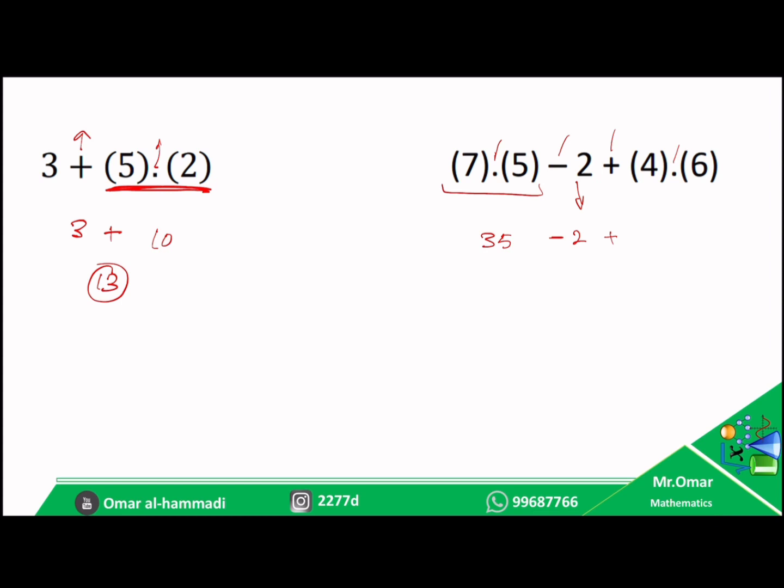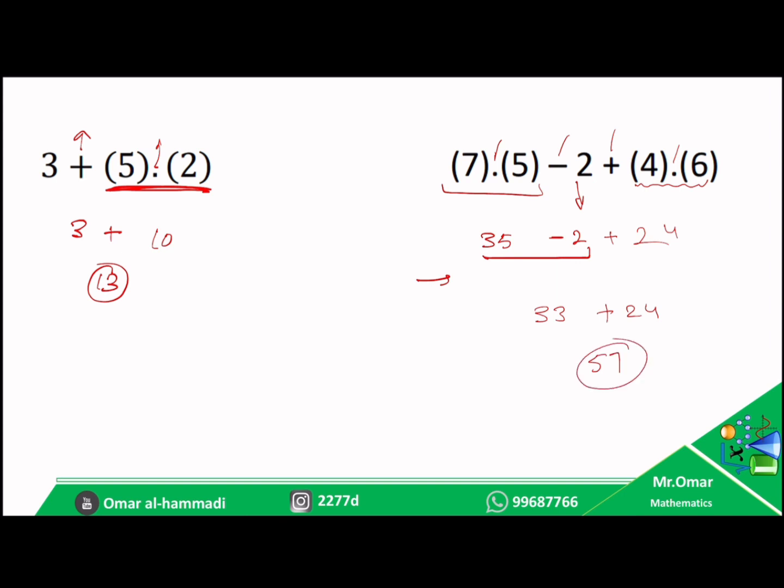And now we will start with this one. 4 multiplied by 6 gives us positive 24. And now we will go from left to right. 35 minus 2 will give us 33. And then plus 24, 33 plus 24 will give us 57.